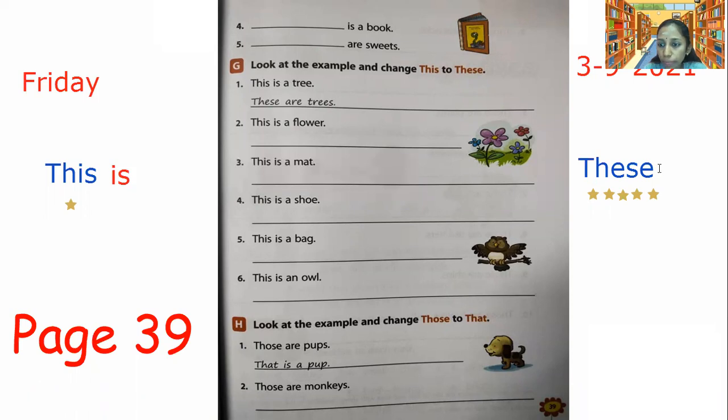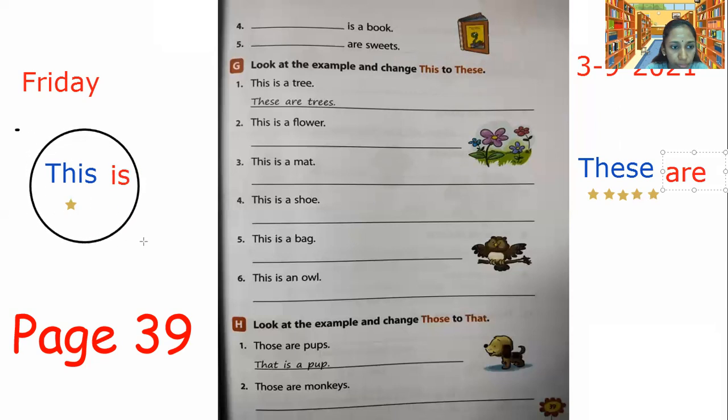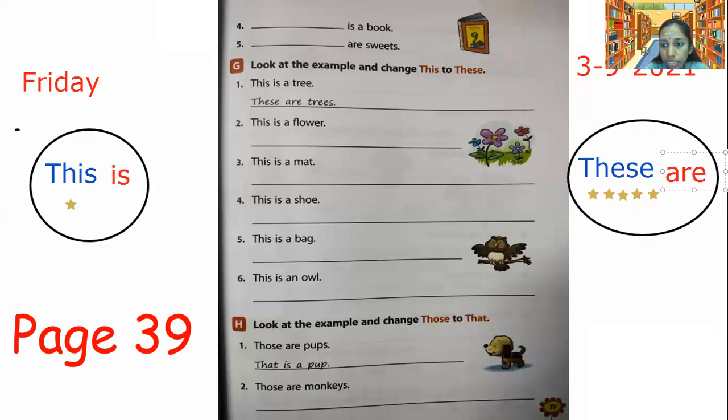You must remember, children. I will circle it for you so that you can see it here. This is and also these are. So you must always remember about this.